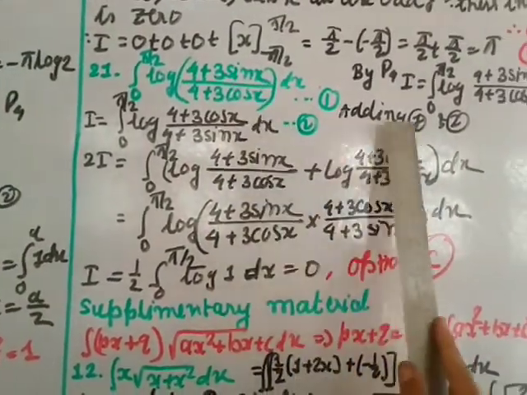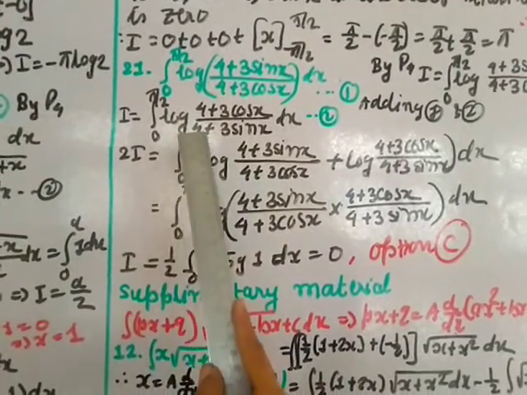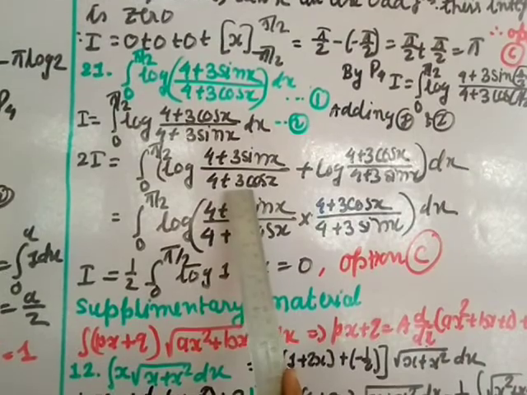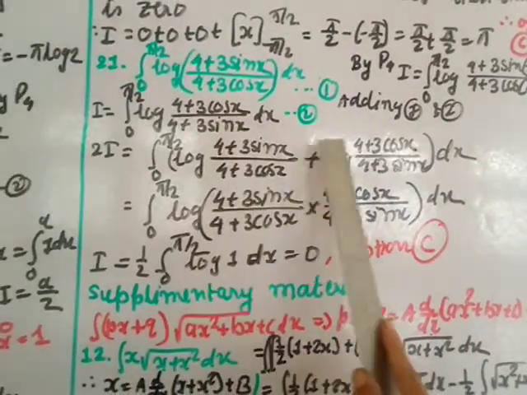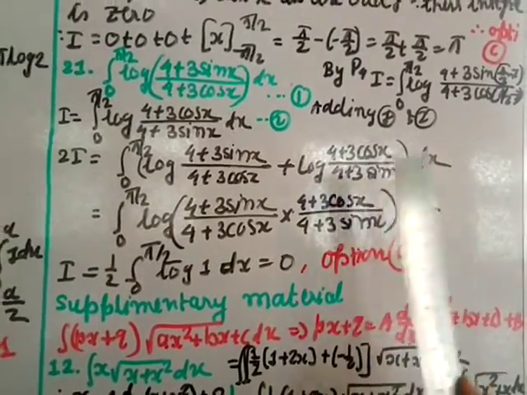Now add 1 and 2. So 2I is equal to integral 0 to pi by 2 log of (4 plus 3 sin x) divided by (4 plus 3 cos x), plus this one, log of (4 plus 3 cos x) divided by (4 plus 3 sin x), using the log property.